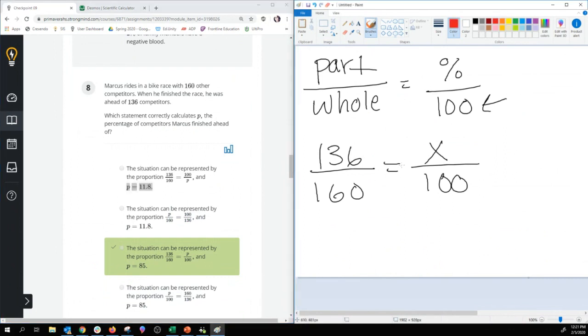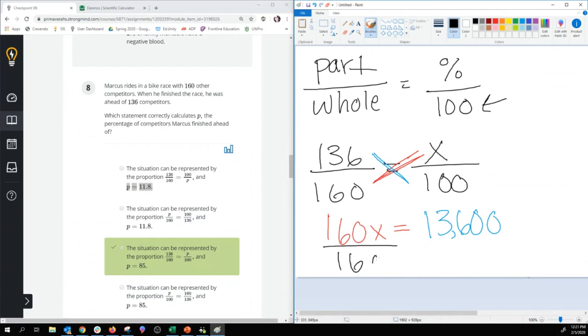To do that, we're going to multiply again diagonally. So I have 160 times x, and then do this side. So 136 times 100, which is just with 2 zeros, so 13,600. Then we need to solve for x. So the opposite of multiplying by 160 is dividing by 160.